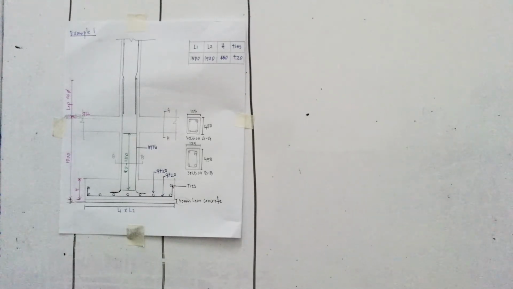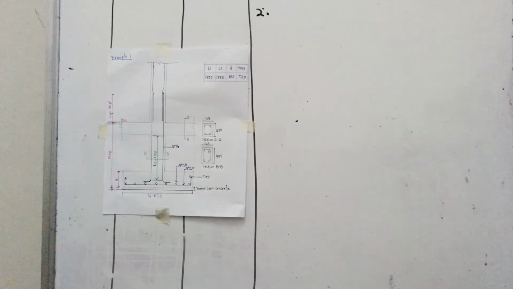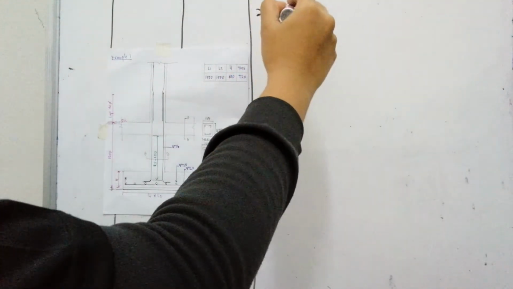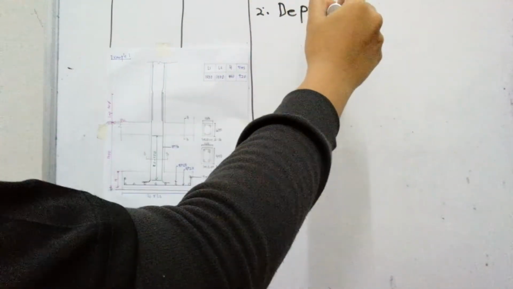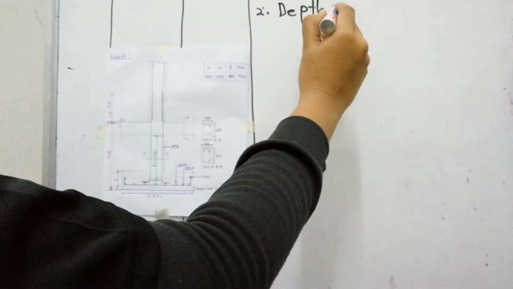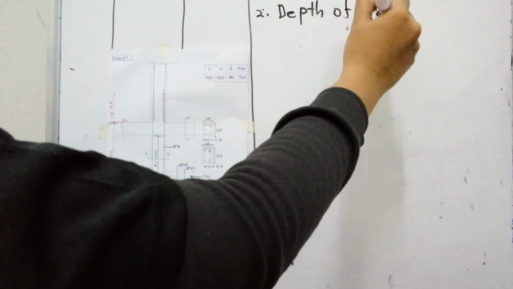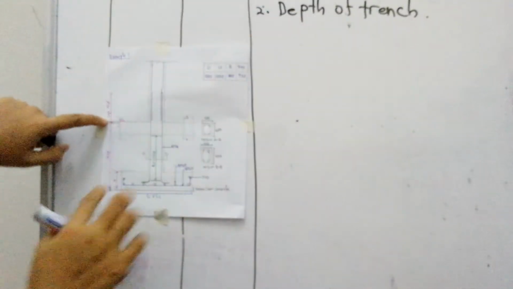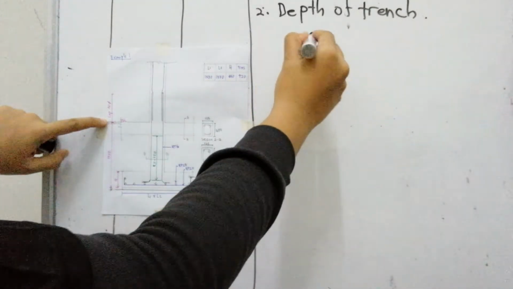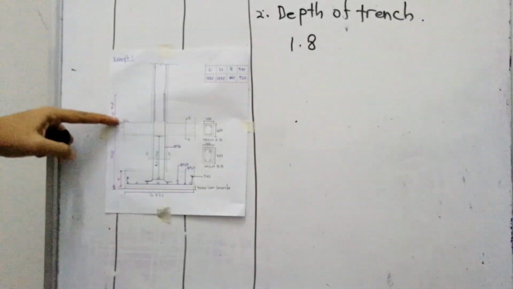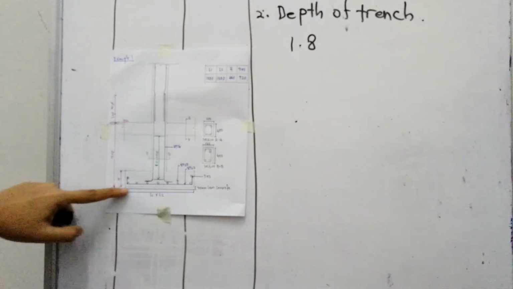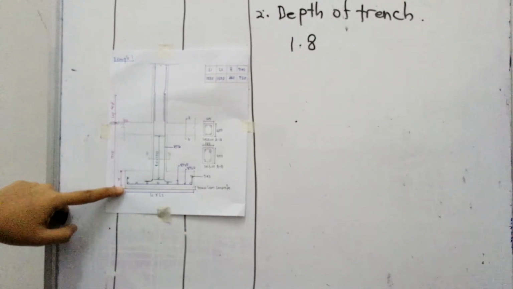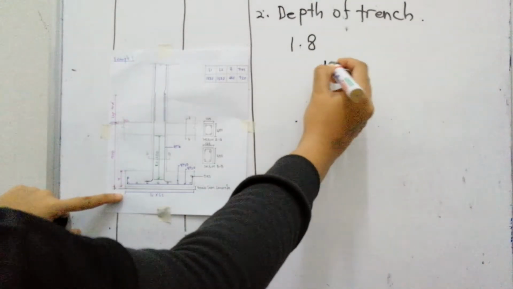So how to check? You can write your calculation here: depth of excavation, or depth of trench. 1.8 is from ground level to the bottom of the pad footing, and then you add the lean concrete.